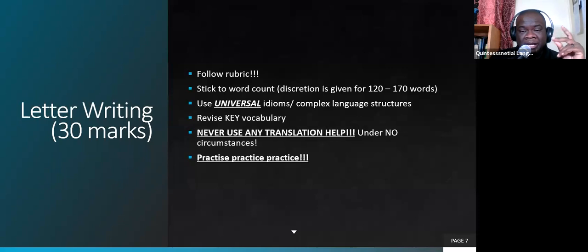The second thing to keep in mind is the fact that once you can organize your letter correctly, and once you learn how to elaborate on your points, which I will admit is a skill, and like all skills, it takes practice. You have to be practicing a lot of letter writing in order to learn how to flesh out that point.